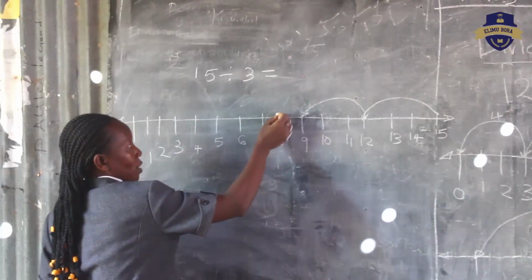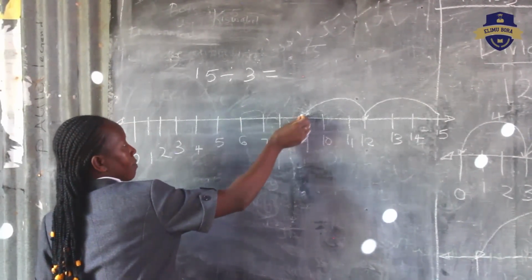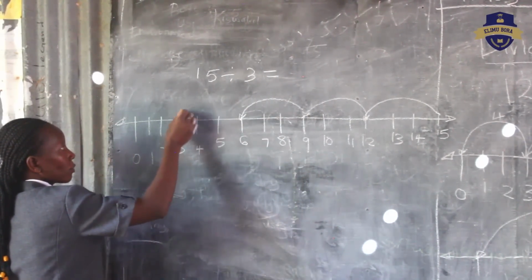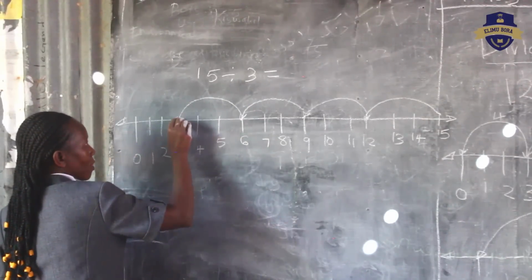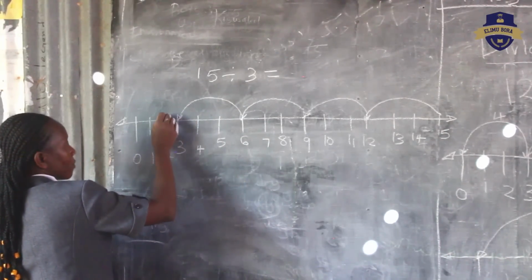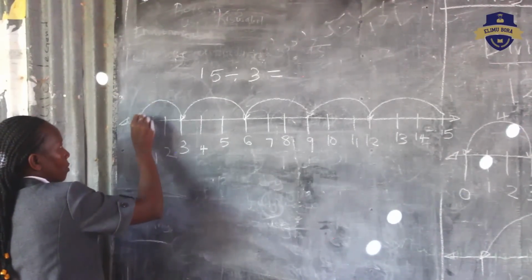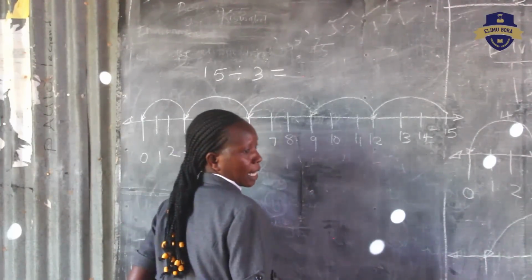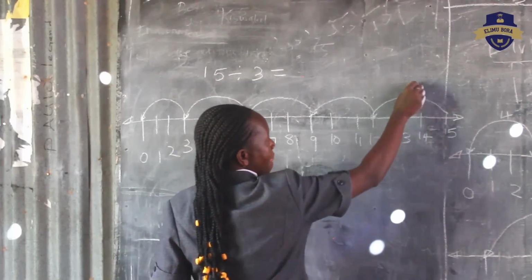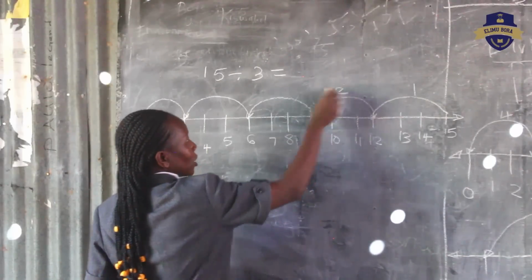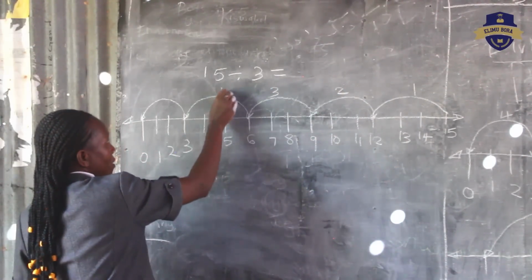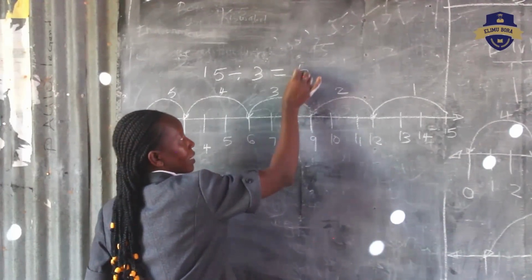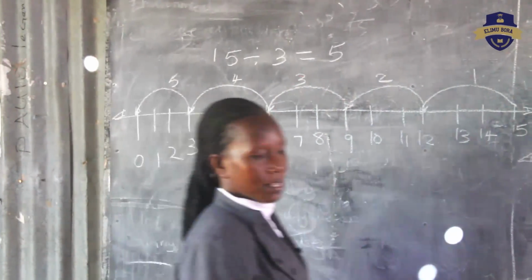Again, 1, 2, 3. And then you get to 0. From there we count the number of steps. 1, 2, 3, 4, 5. The answer is 5.